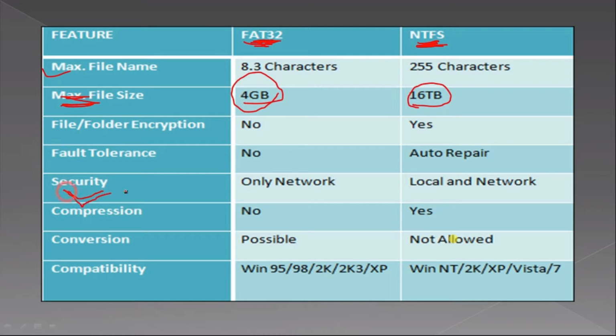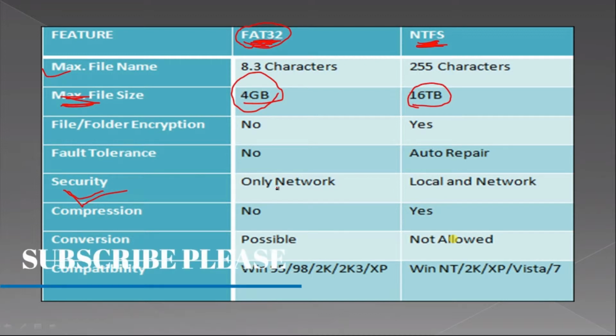If you talk about security, FAT32 gives only network security. If you are connected to any kind of network, using the internet or connecting to local area networks, FAT32 can only secure it for networks, but it does not give any kind of security for local area networks.